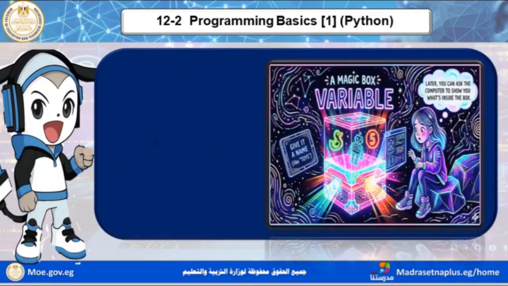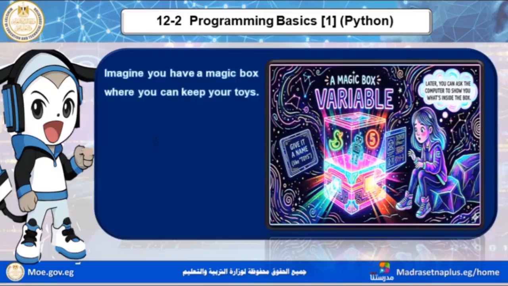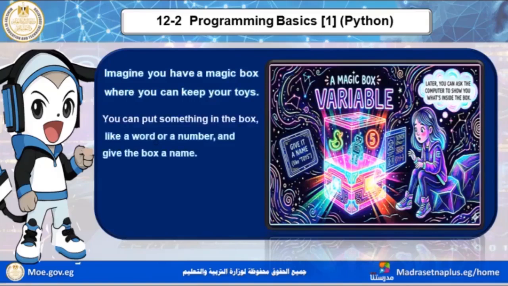Let's imagine that we have a magic box. After storing some items inside this box, you can ask the computer to show you what is inside the box. So imagine that you have a magic box where you can keep your toys and you can put something in the box, like a word or a number, and give the box a name.